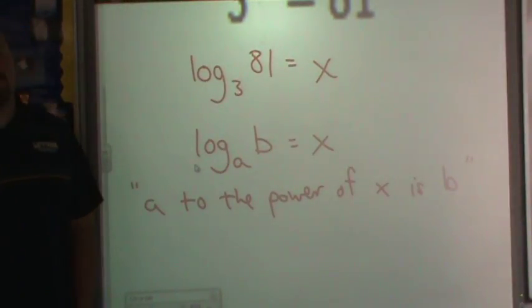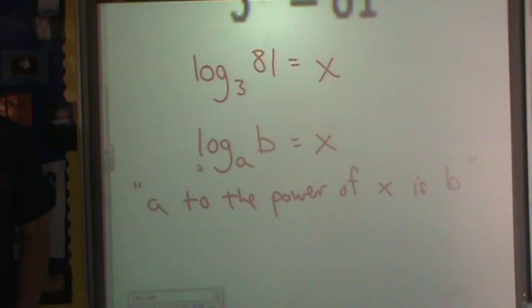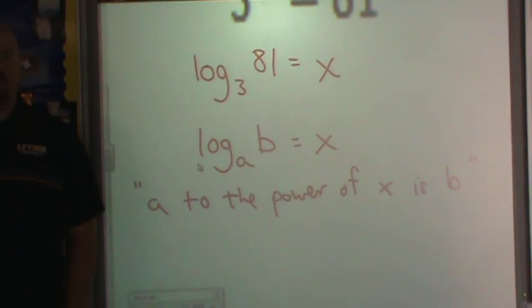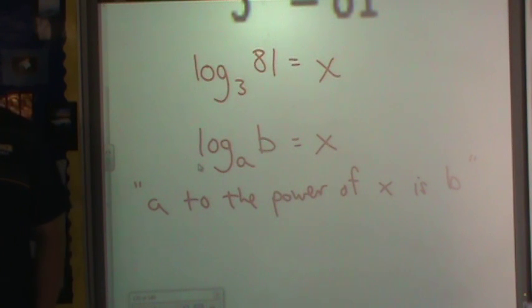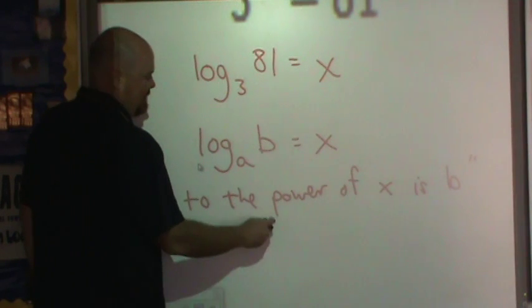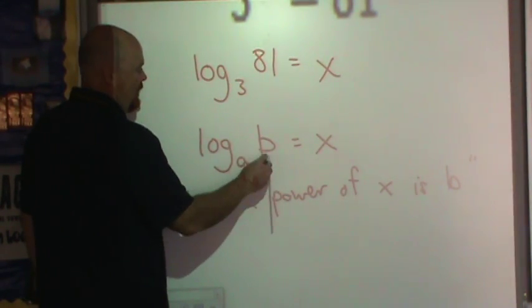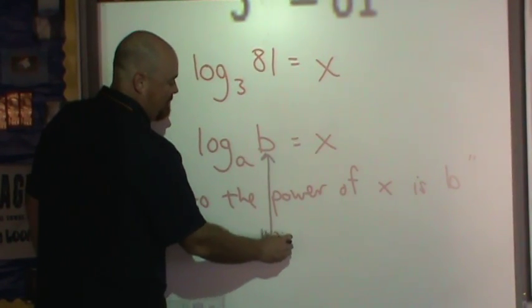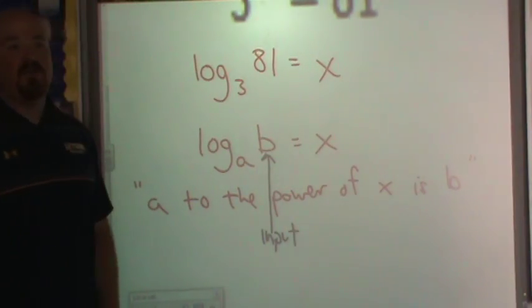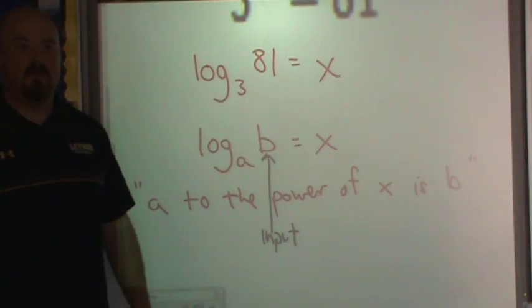There exists some power of a that will produce an output of b. The base of the log is typically not the input. This is the input to a logarithm. These are the input values. The domain values are plugged in here.